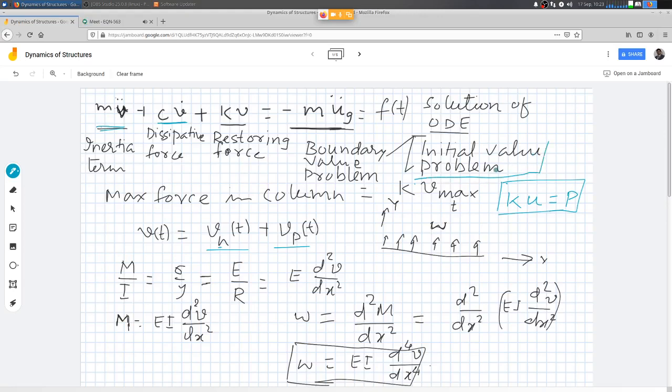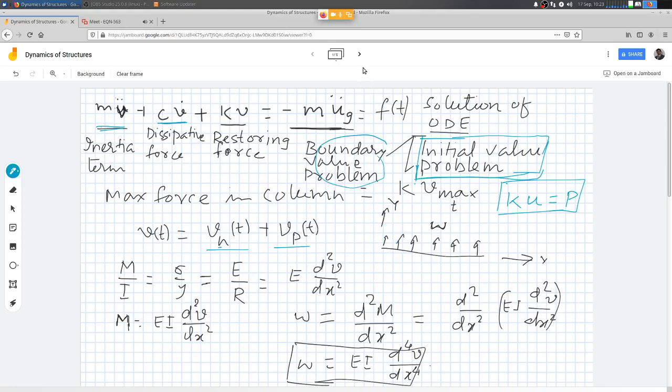In contrast, we also have another class of differential equations where the solution is characterized by the boundary conditions of the problem, boundary conditions in space coordinates, and a very familiar example is the Euler-Bernoulli beam deflection equation.